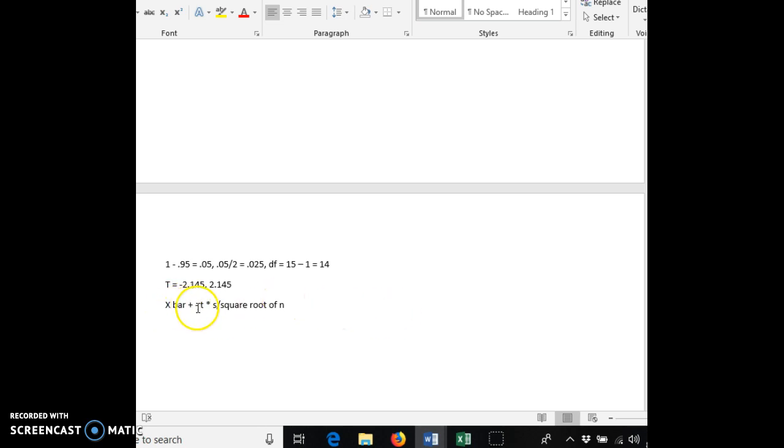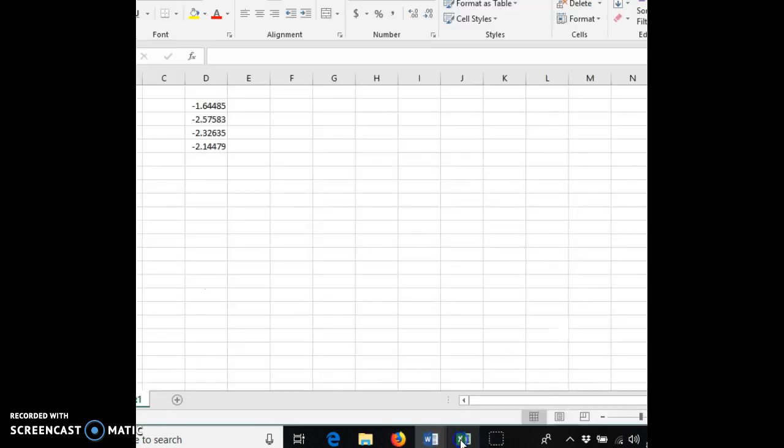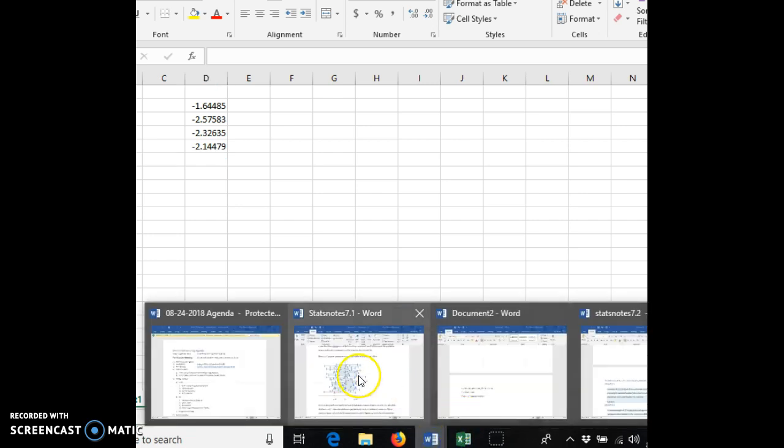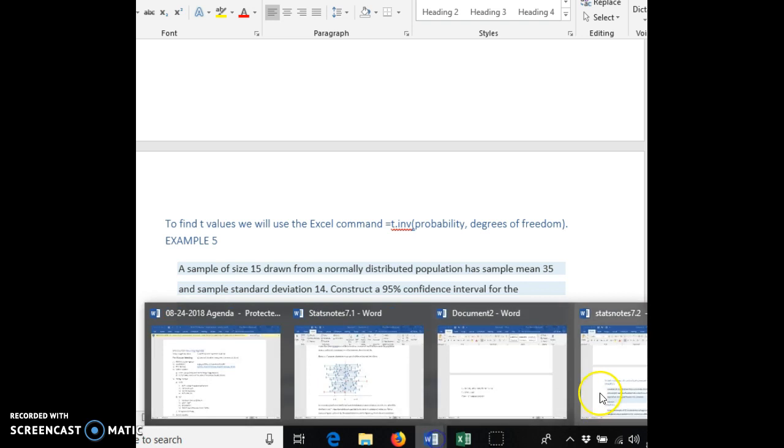The only difference is this t value is obtained in a different way. So let's fill in. Our mean was 35 and our sample standard deviation was 14. So 35 and 14, let's plug those in.